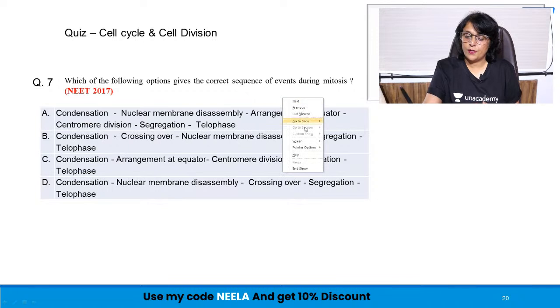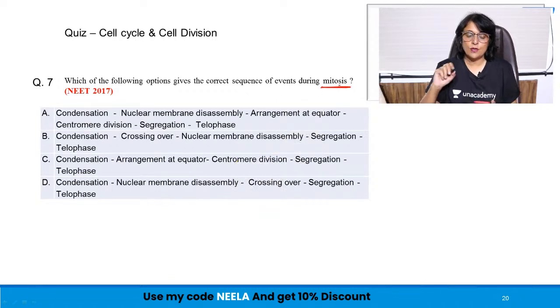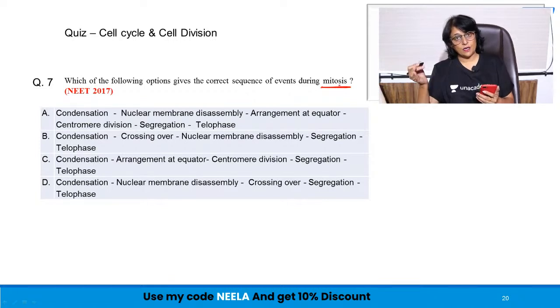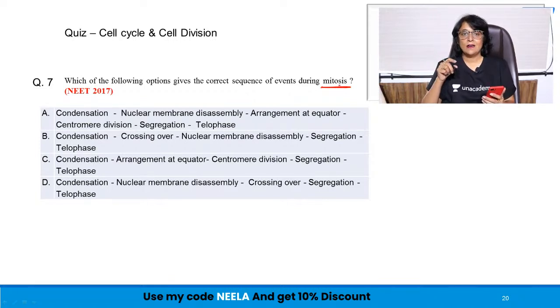This is important because here we are talking about a particular division. In mitosis, there are events which are taking place, and which option gives us the correct sequence of these events. Read them carefully because there are minor differences.